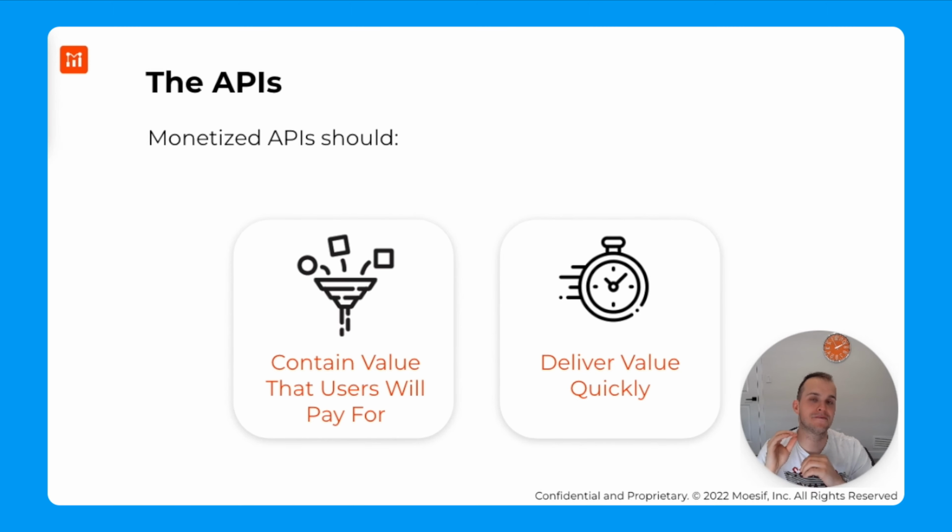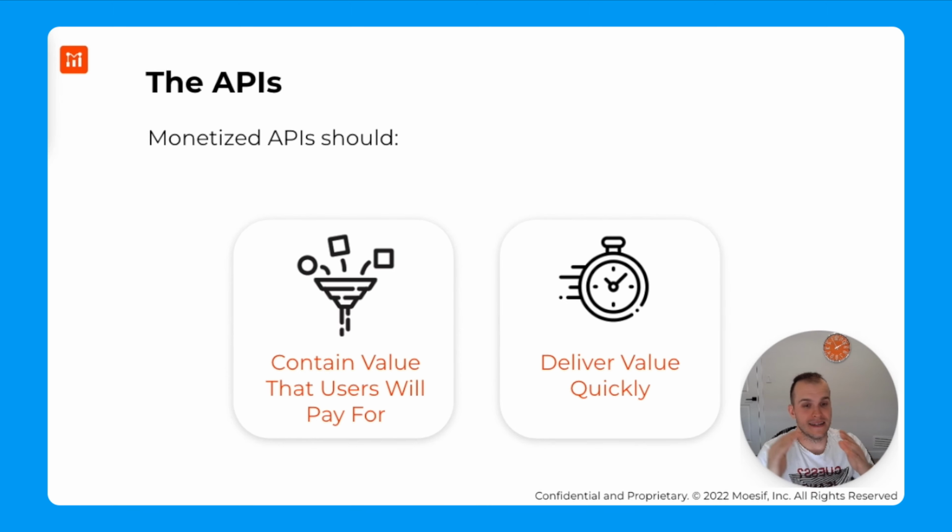You have to have something that people want to buy, whether it's B2B or B2C, something that someone is willing to pay for. The other component is to make sure that the complexity of those APIs is not so high that it detracts from being able to see value quickly.